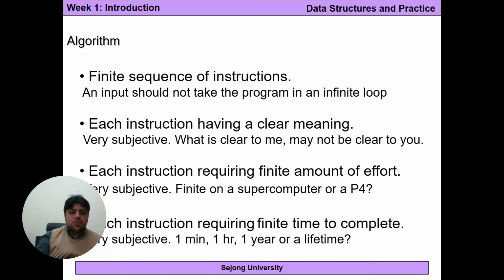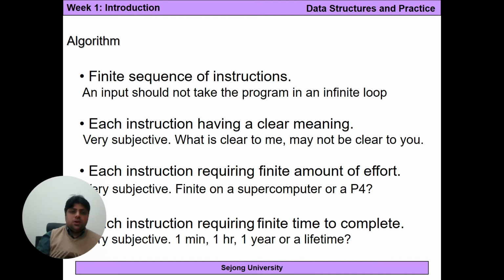Then comes the explanation of the properties that we have already discussed. The finite sequence of instructions, and the input should not take the program into an infinite loop. Each instruction having a clear meaning is very subjective. It is subject specific.